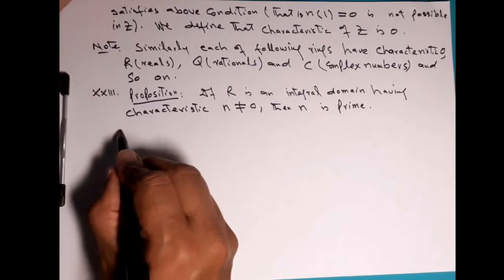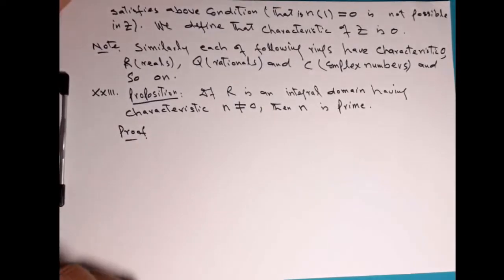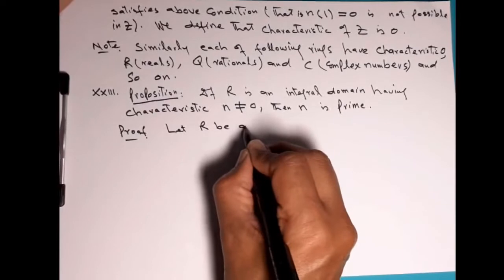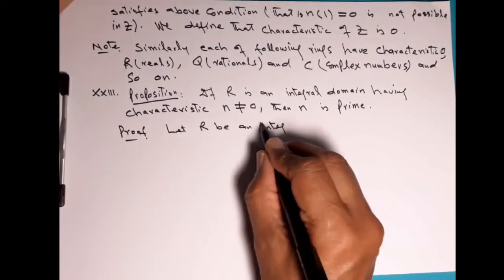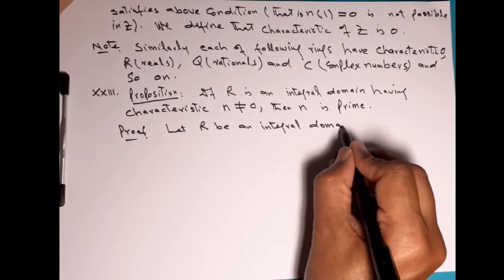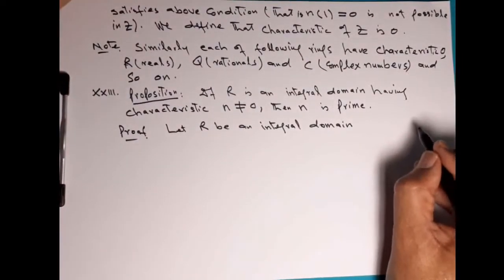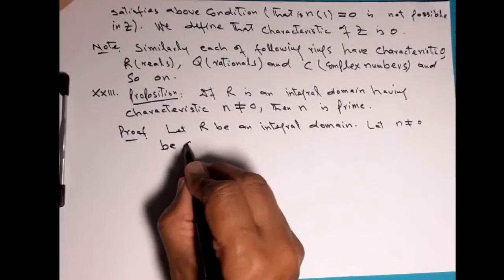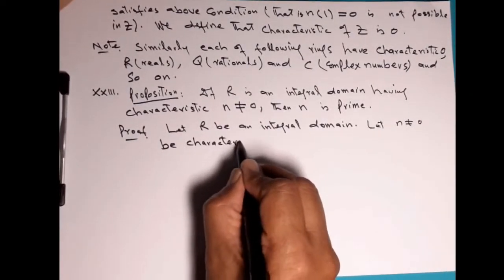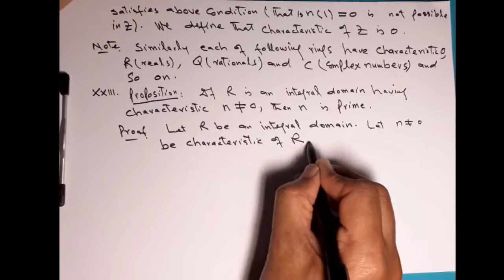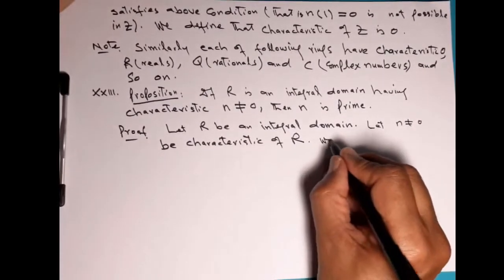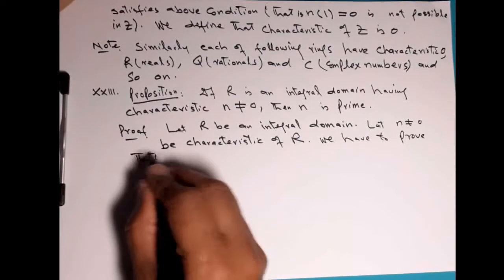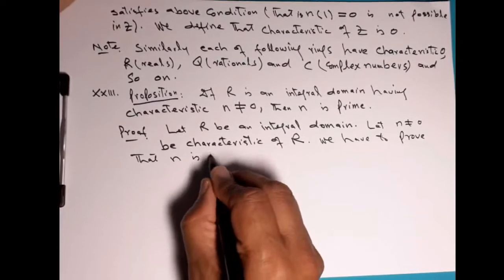So for proof, let R be an integral domain and let n not equal to 0 be the characteristic of R. We have to prove that n is a prime number.